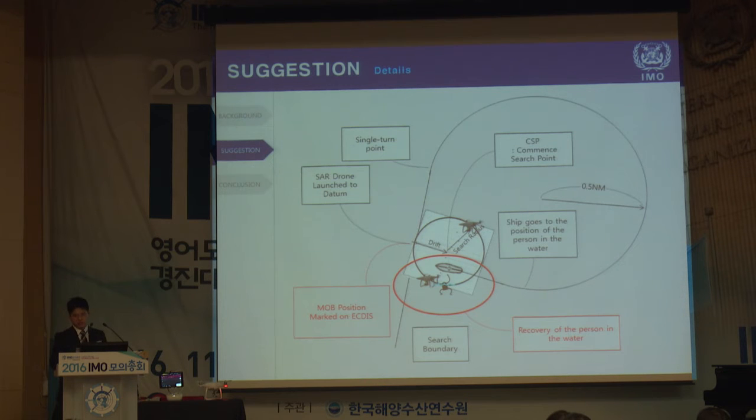Once the person is detected, the drone will hover above the person, track him, and send the position information and thermographic images to the ship by the time the ship turns back to the MOV position. After the person is finally found, the ship will recover the man overboard and save his life.